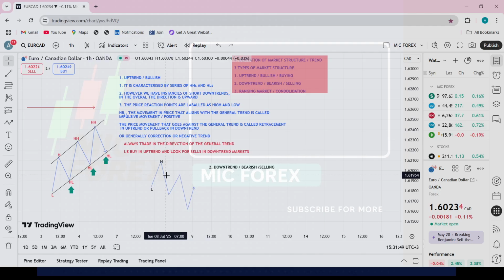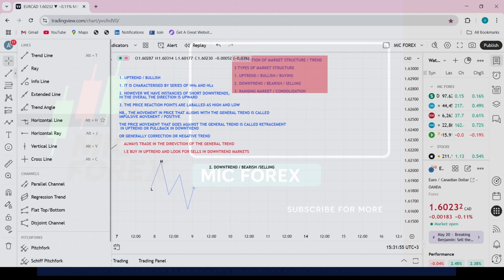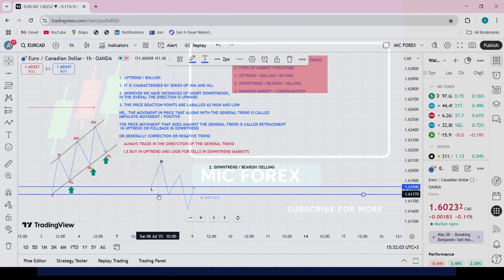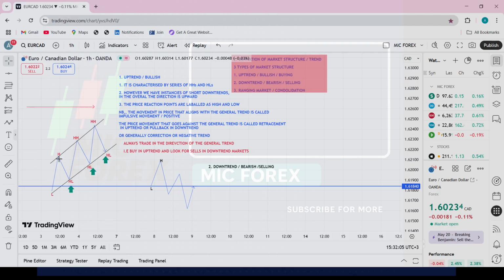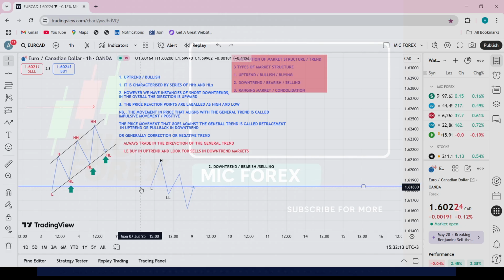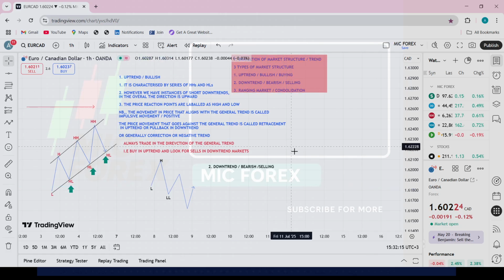But the price continues to print down. So if this was our first low, our initial low, you can see another new low which is relatively lower than the previous low, and that is why we call this one lower low. It's a low, yes, but it is lower than the previous one, so we call it a lower low.